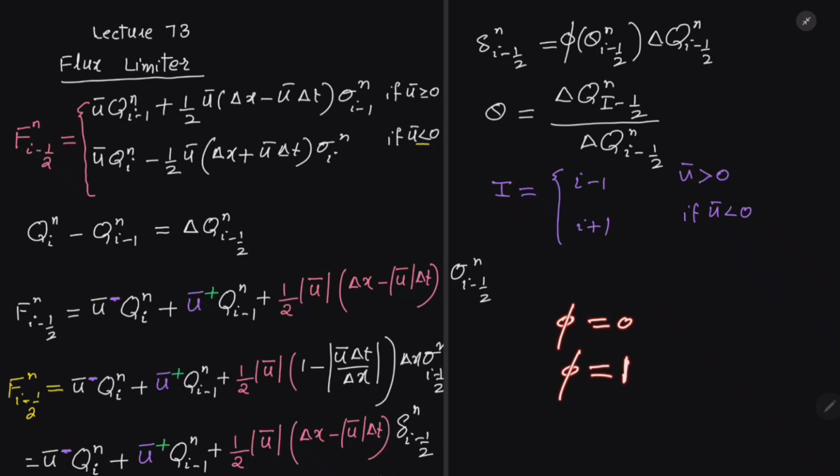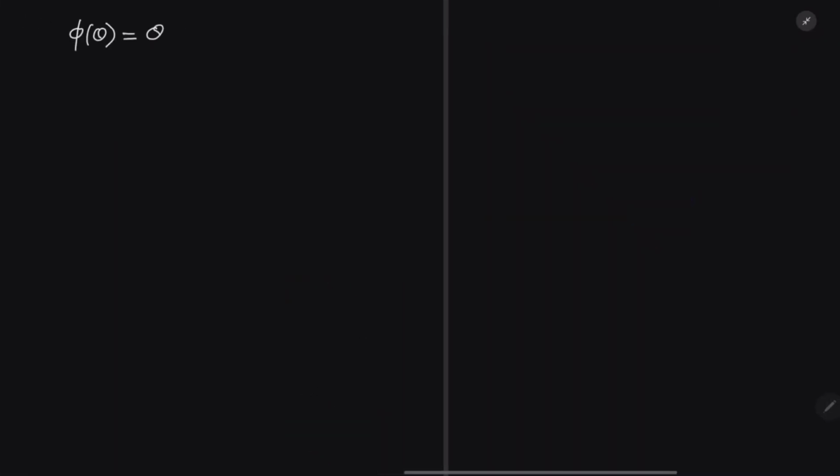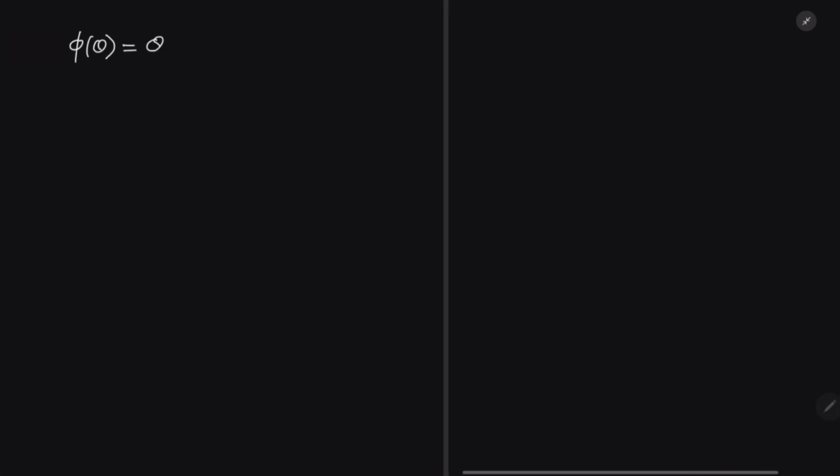Now, particularly, if we pick phi of theta equal to theta, then delta n I minus 1/2 will be equal to delta Q capital I minus 1/2 divided by delta q small I minus 1/2.